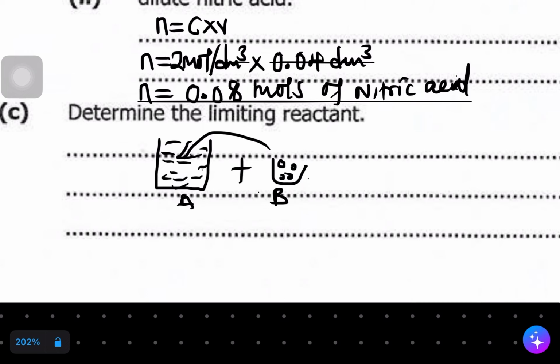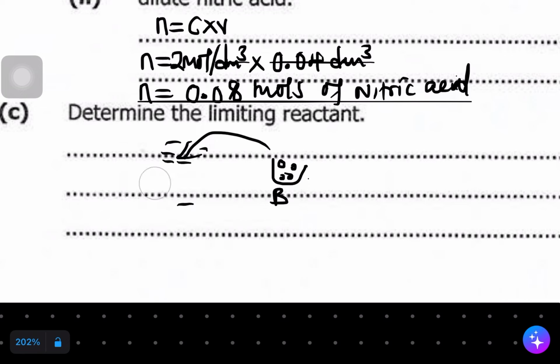And vice versa, when you take less of one and add an excess of the other substance, then that substance will be in excess and the other one will be limiting. So limiting reagents and reactants in excess are taken into consideration when trying to see which reactant finishes first or remains at the end of the reaction.